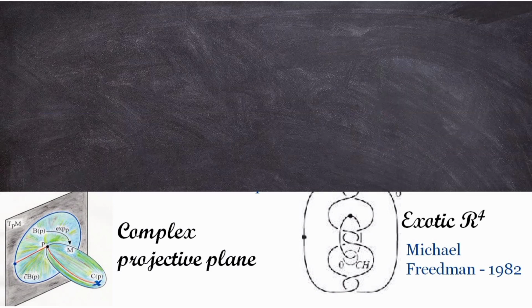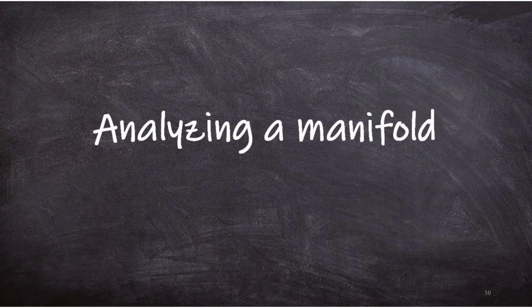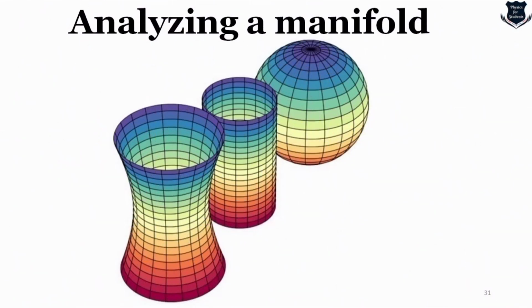So this more or less completes our journey of the different types of manifolds, and we now move to the most important and central part of our video, which is analyzing a manifold. When we talk about analyzing a manifold, what I want to tell you is, once we see the figure of a manifold, what further details can we get?